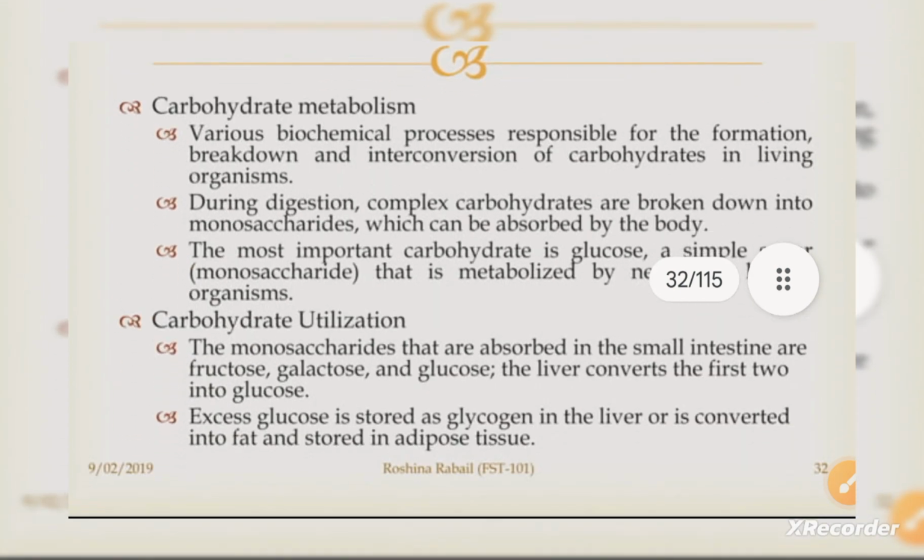So, what is metabolism? First, carbohydrate metabolism. Carbohydrate is a staple food. What is a staple food? A staple food is a food taken in daily routine all over the country, all over the area, all over the community.